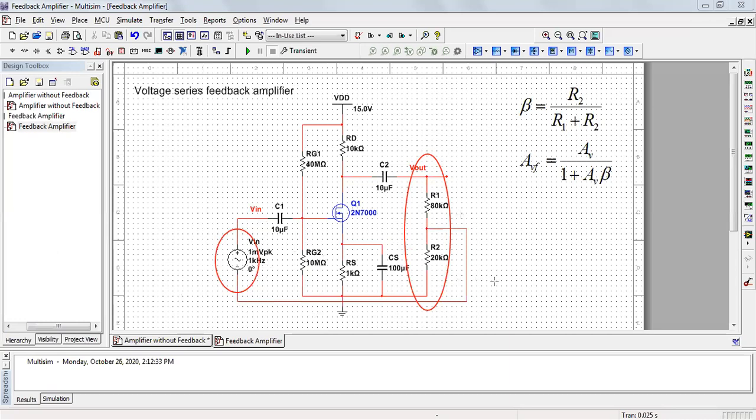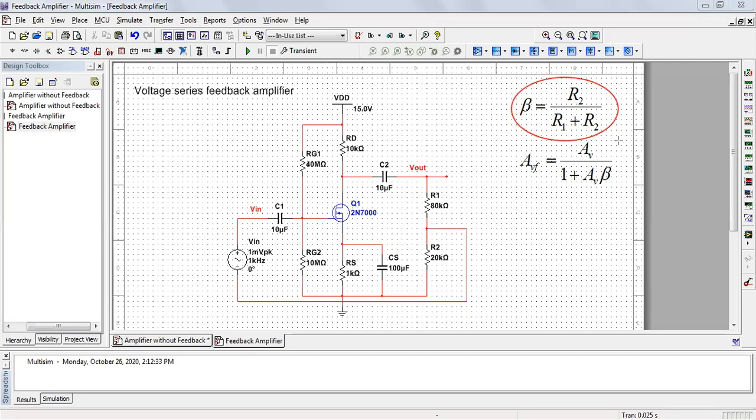Obviously, I already told you why we use negative feedback: to reduce the gain to some lower, desired value.